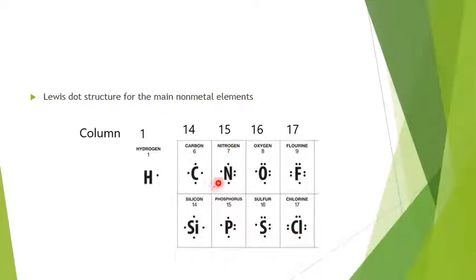It has 1, 2, 3, 4, and the 5th dot I just put over here. Here's oxygen, here's fluorine. It has 7 valence electrons: 1, 2, 3, 4, 5, 6, 7. And if you notice, all the elements in a column will have the same Lewis dot structure. So silicon looks the same as carbon, phosphorus the same as nitrogen, and so forth.